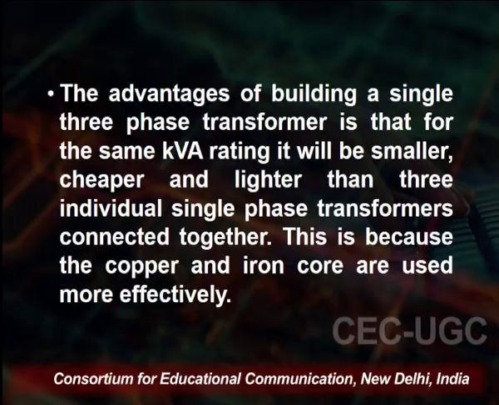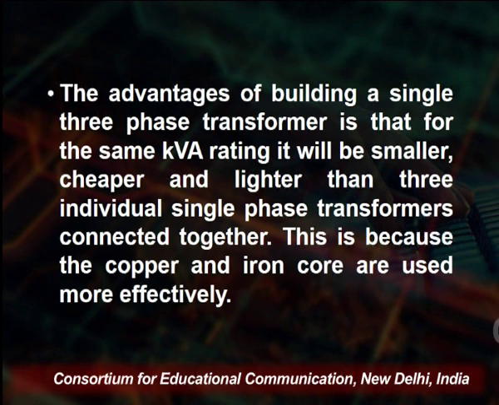Either we can combine the single phase transformers into the 3 part, or we can construct the balanced 3-phase transformer, which consists of 3 pairs of single phase windings mounted onto one single laminated core. The advantage of building a single 3-phase transformer is that for the same kilovolt ampere rating, it will be smaller, cheaper and lighter than 3 individual single phase transformers connected together.